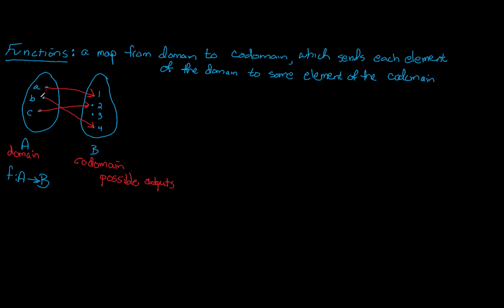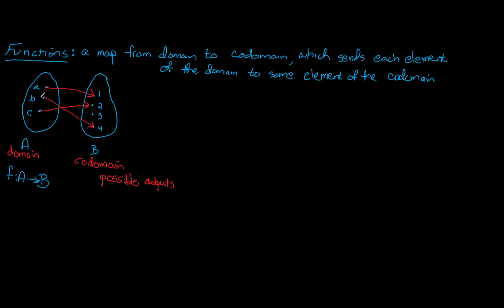That doesn't work. Actually, I love the Department of Motor Vehicles. I don't want to say anything bad about them, but sometimes we go there and we get confused. So the point is, we're going to take every element from the domain and send it somewhere. And when we do that, we get a function from A to B.